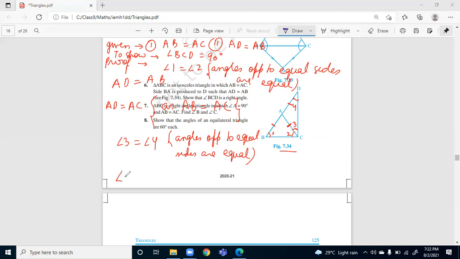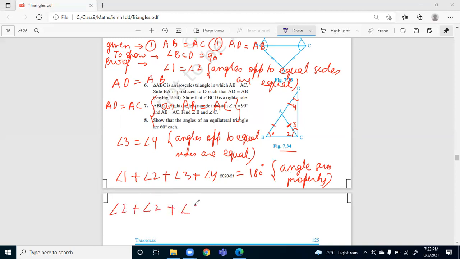Now I can write angle 1 plus angle 2 plus angle 3 plus angle 4 is equal to 180 degree. What is the reason? Angle sum property. In place of 1, I can write 2 because angle 1 and 2 are equal. And in place of 4, I can write 3.